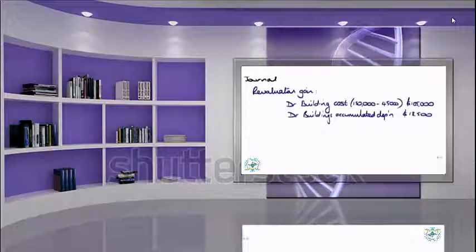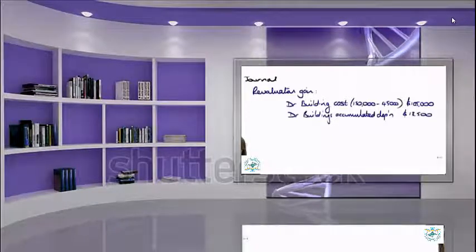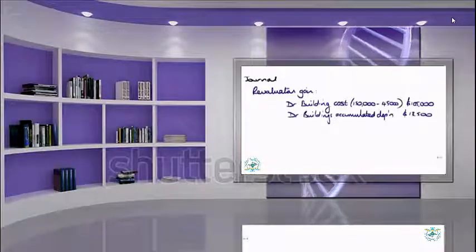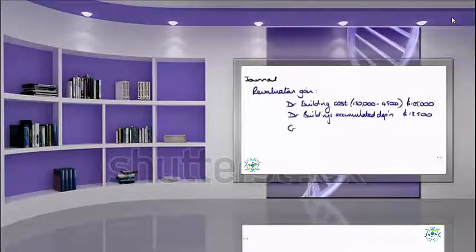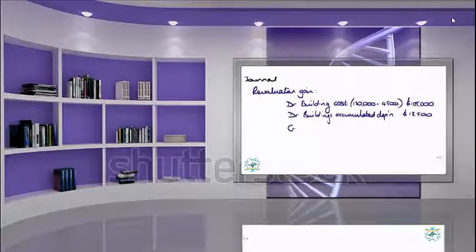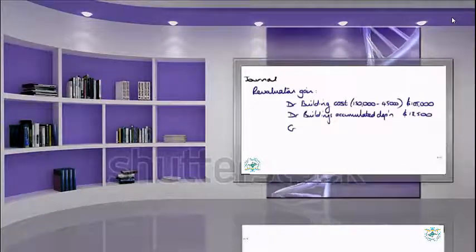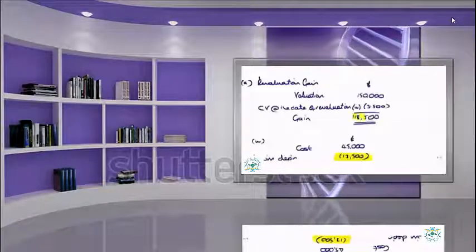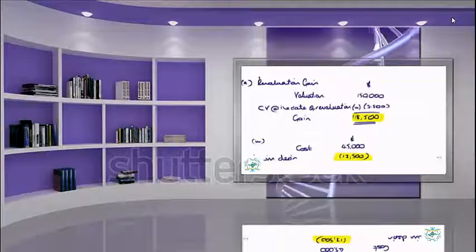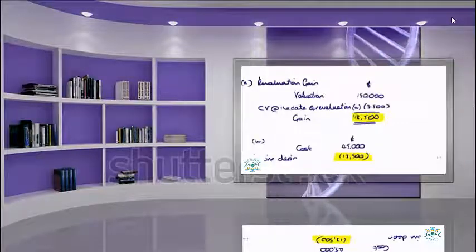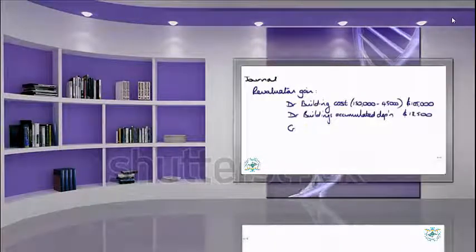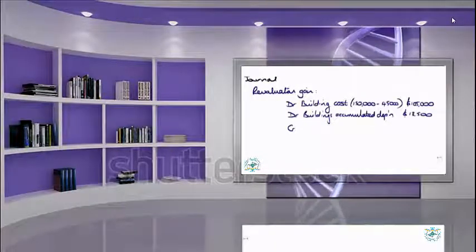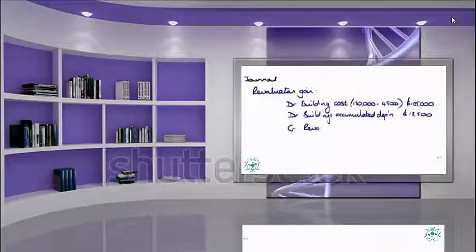Notice then that the total of your two debits would equal 118,500, which must equal the credit entry, and this is where we're going to record that gain. We said the gain was $118,500. That is what we're going to credit the revaluation reserve with to increase our owner's capital or equity.